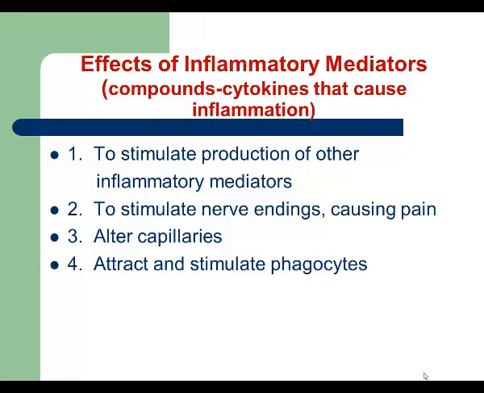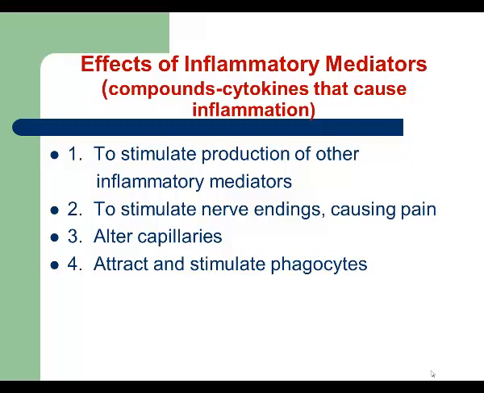As they degrade these bacteria, cellular components are released, which stimulate the macrophage to release compounds or substrates called cytokines, or inflammatory mediators. So all those 4 symptoms of inflammation, redness, swelling, pain, and heat, will be caused by inflammatory mediators.